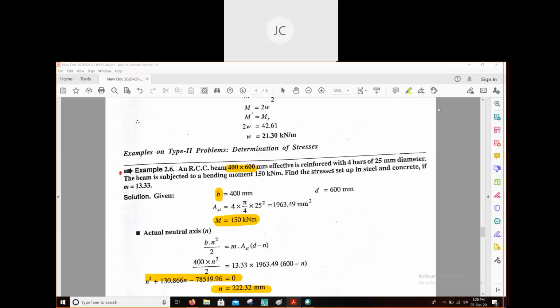Okay, Achumi, what will be the type of section? I am guessing balanced section. Okay, and do you have any other answer? Anyone have any other answer?